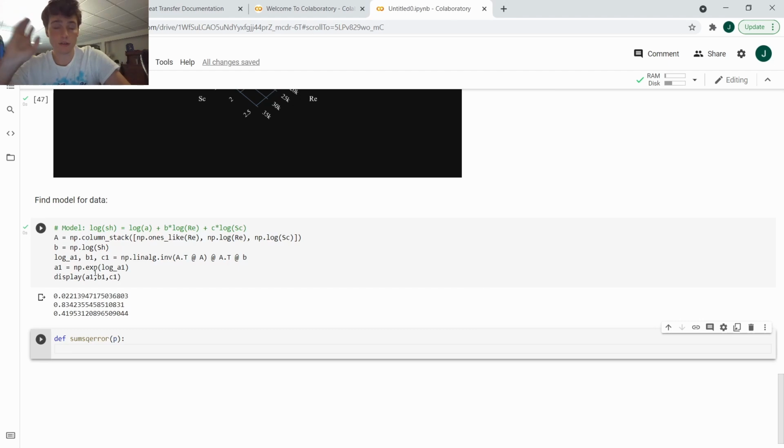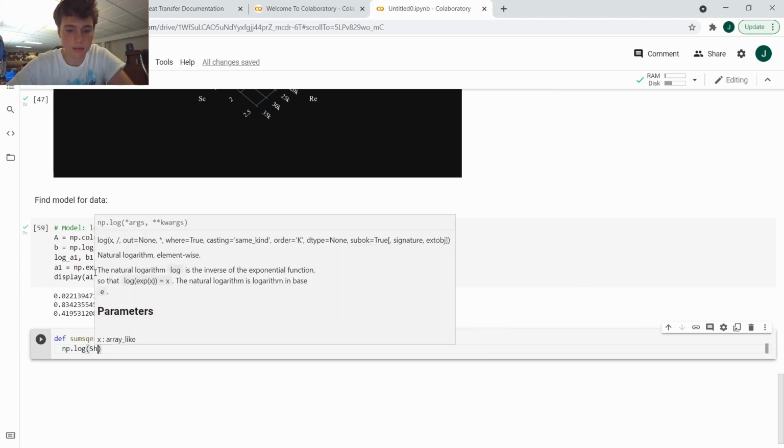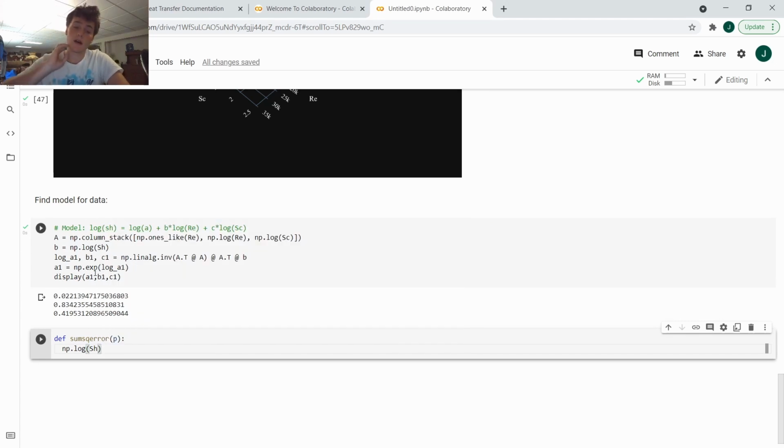We're going to keep it linearized too, so it's going to be np.log of the Sherwood number. That's what our experimental data is, and we want to see the difference between that and what our model would predict.